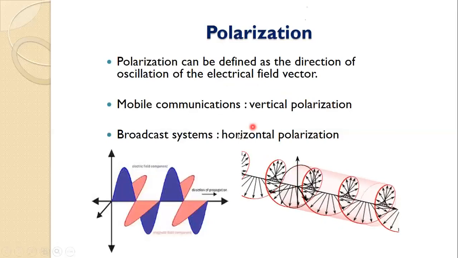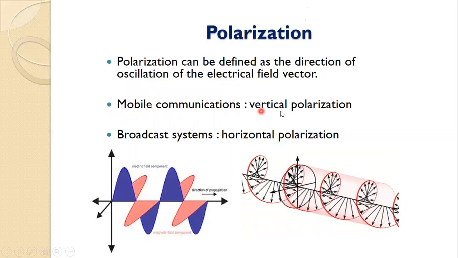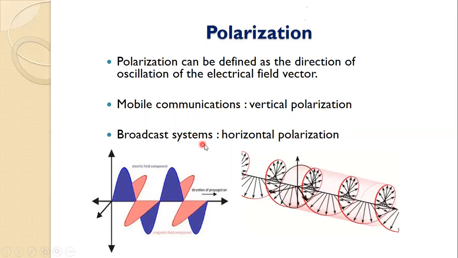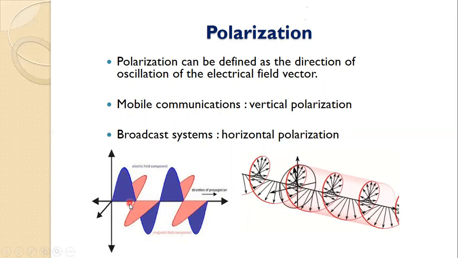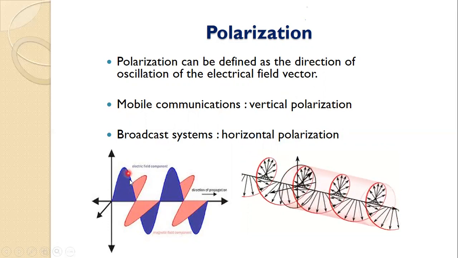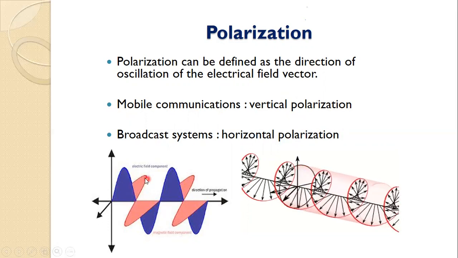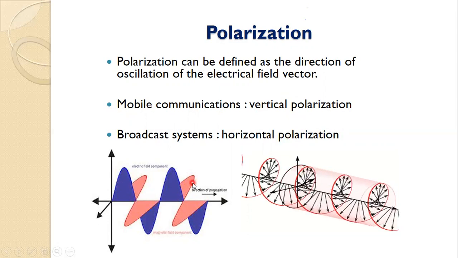Linear can be vertical or horizontal polarization. Mobile communications use vertical polarization, whereas broadcast systems use horizontal polarization. In this diagram, you can see this blue color is the electric field and this red color is the magnetic field, or vice versa.